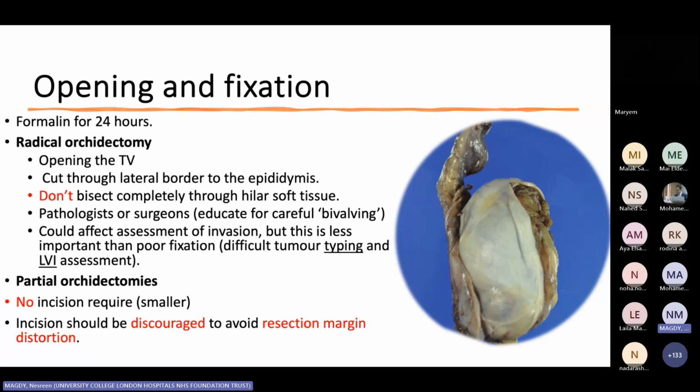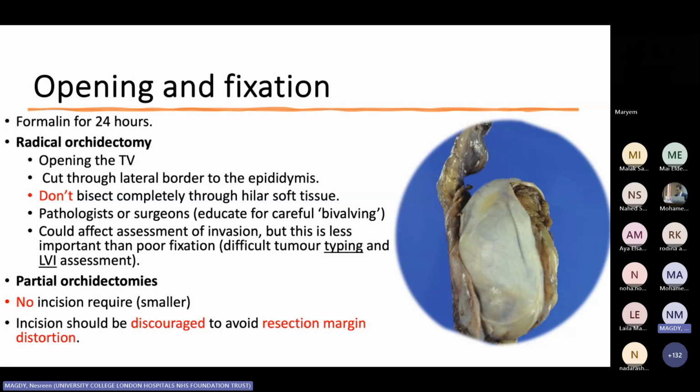In radical orchidectomy specimens, this is done by opening the tunica vaginalis longitudinally along the lateral border, going toward the epididymis, making sure you do not completely bisect the hilar soft tissue at this stage. Just keep it intact until you take your proper sections.